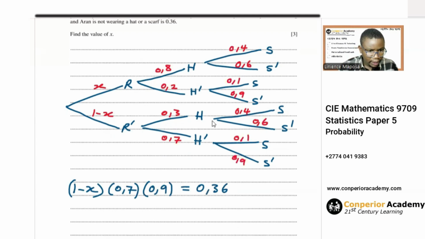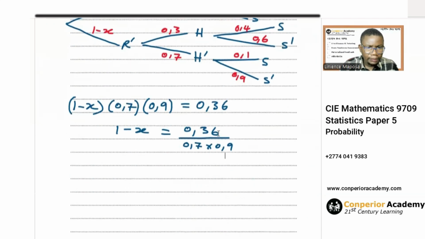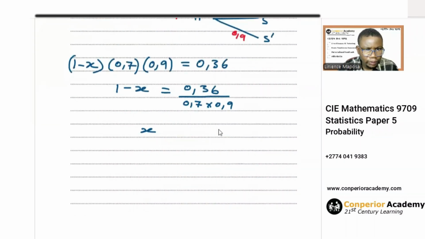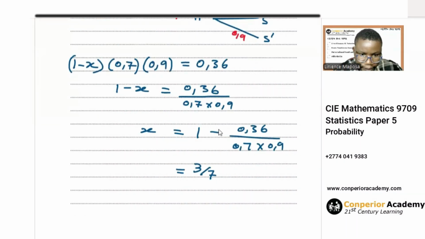So if I rearrange here, I have 1 minus X equal to 0.36, all this divided by 0.7 times 0.9. That means X will be equal to 3/7.